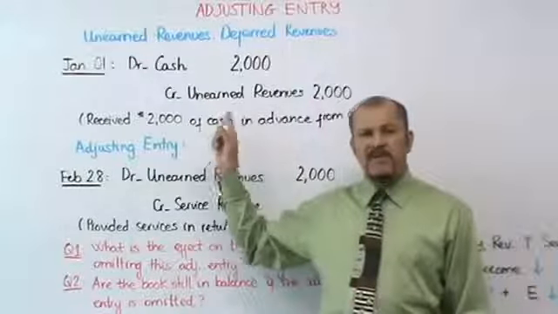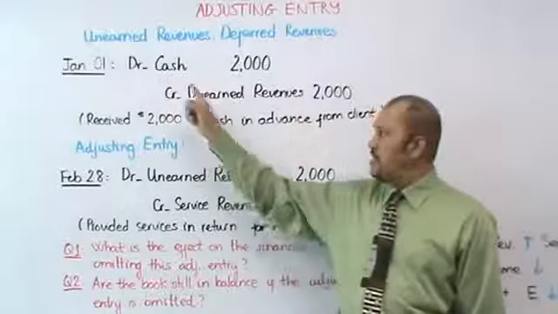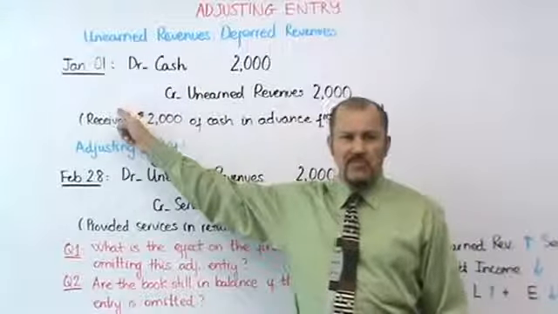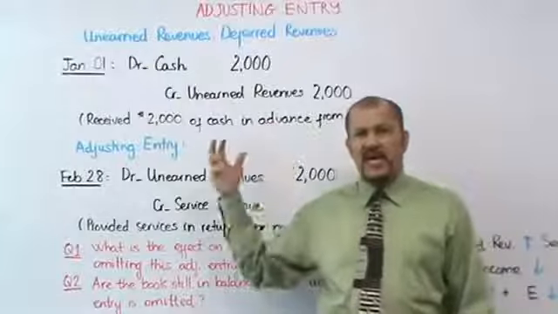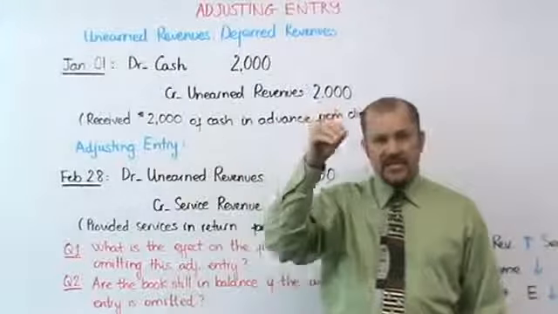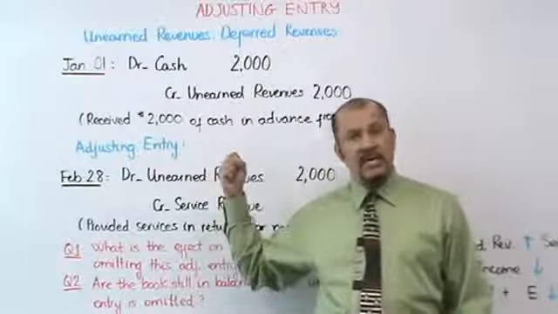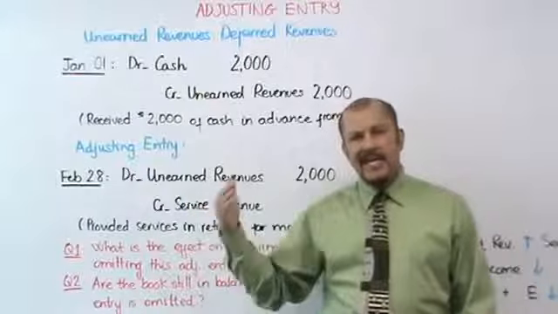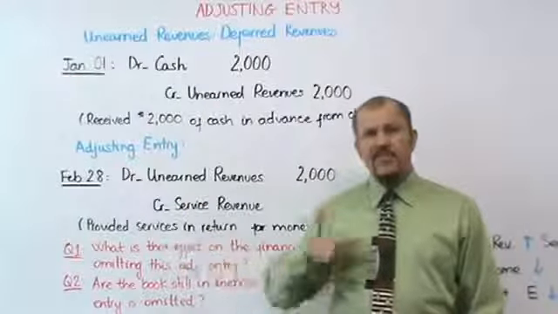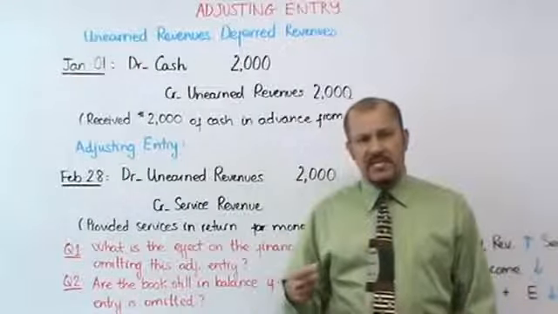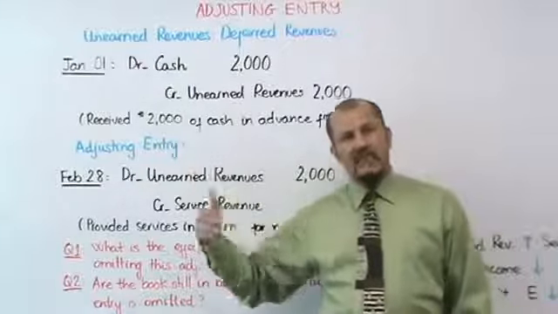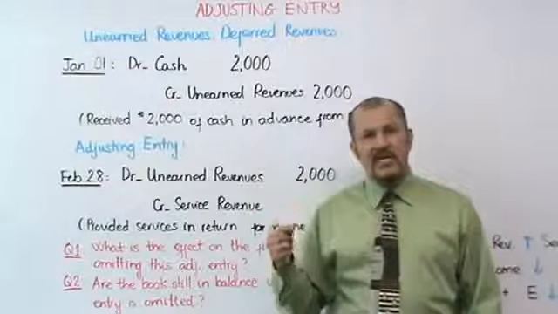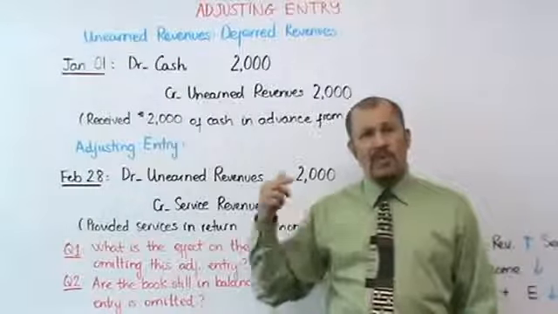So when the CPA first received the cash at the beginning of January, that cash was not recorded as a revenue, but that cash was recorded in the cash account, and then the offset was a liability. And later in February, when the CPA provided the services, that initial liability then became a revenue. So the revenue recognition was postponed to a later date.